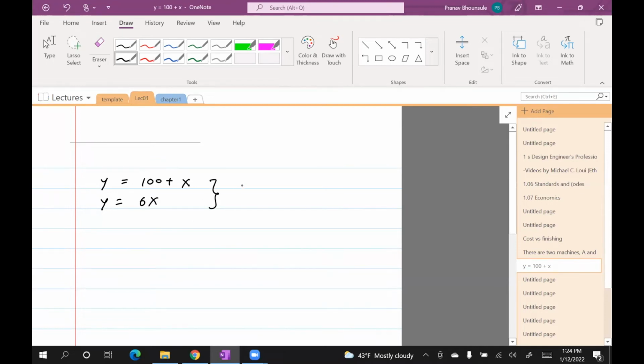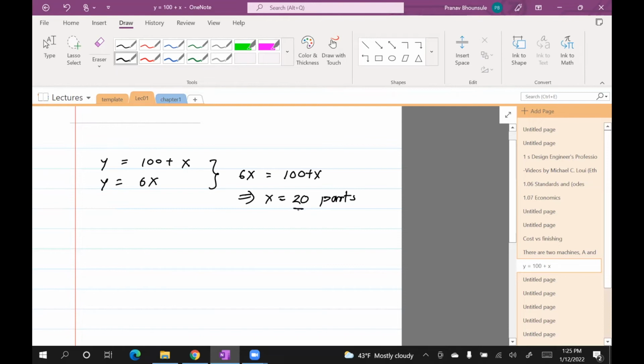From these two, we can write 6x equals 100 plus x. You can solve for x in this case, so x comes out to be 20. Since x is parts, this is the number of parts or units. So this is saying that in order to break even, you need to manufacture 20 parts.